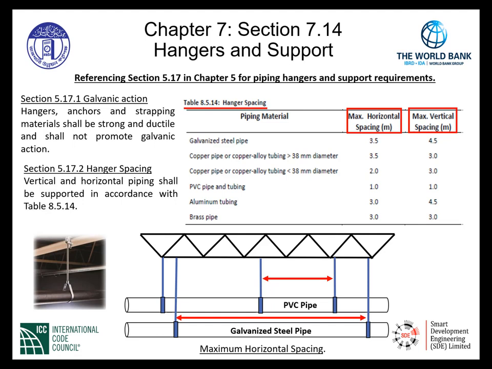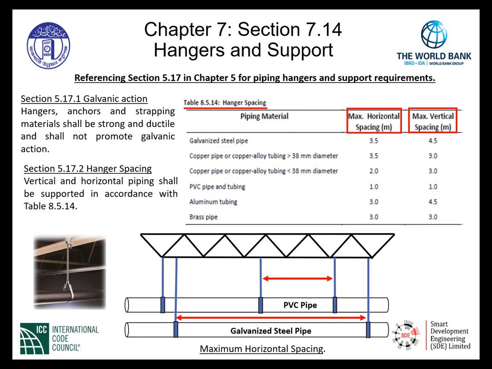Table 8.5.14, Hanger Spacing, gives us the piping material in the first column, the maximum horizontal spacing in meters in the second column, and the maximum vertical spacing in meters in the last column. According to the drawing below, the maximum horizontal spacing. If we have galvanized steel pipe to be supported, we need to enter the table's piping material.